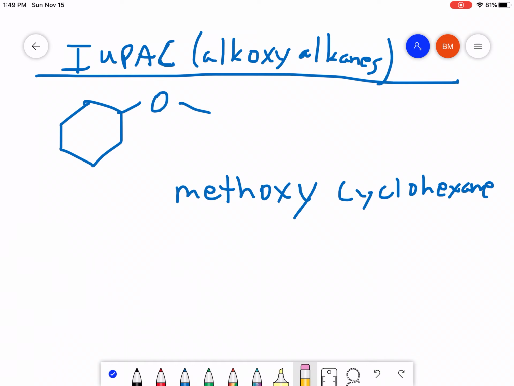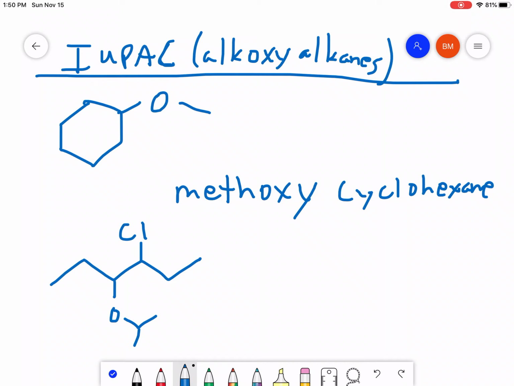Let me show you one like this. Now this one has something else on it. It's got a chloro group on it. Remember in the alcohols I told you that the OH groups took priority over halides and alkyl groups? Same thing for alkoxy groups.